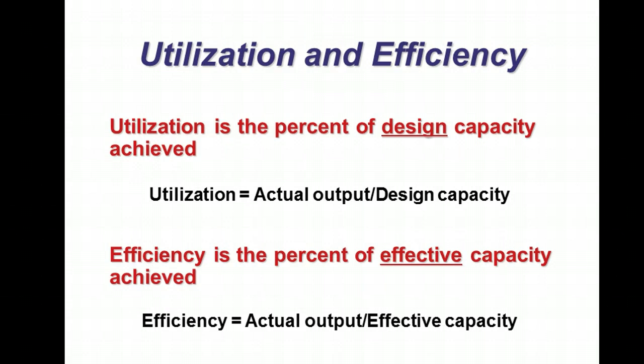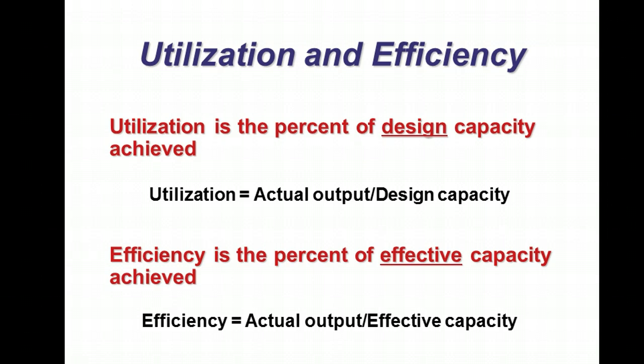So if we look at it, you have two different measures. Utilization refers to percent of design capacity, and efficiency refers to percent of effective capacity. So it's two different math problems: actual output divided by design capacity, or actual output divided by effective capacity.